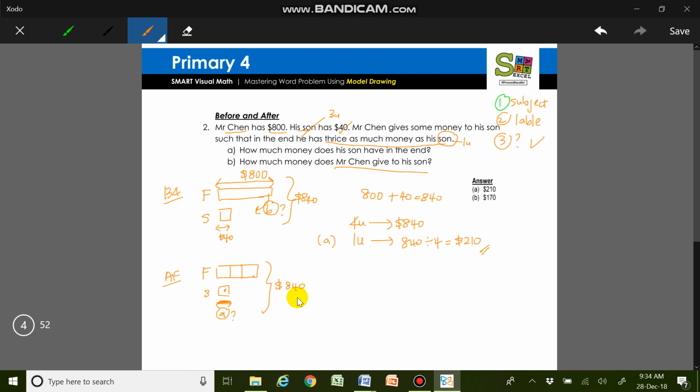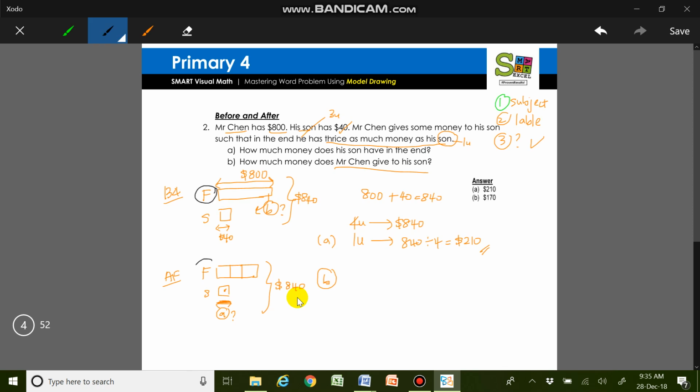Your B question asks how much money does Mr. Chen give to the son, meaning they're asking for the transfer. This is a second concept that your child needs to know. When we talk about transfer, you must always know who is the giver. In this question, the father is the giver.